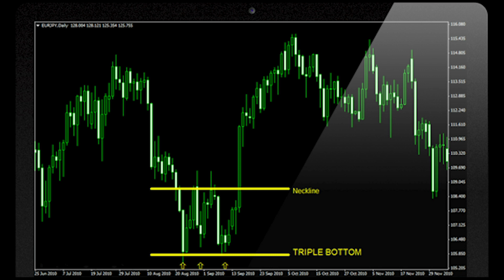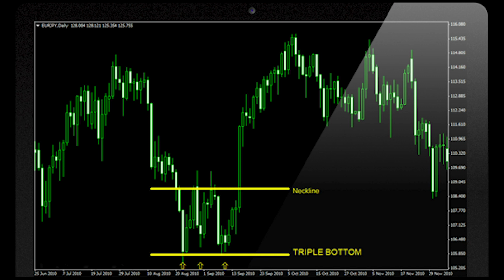This results in the formation of 3 troughs or bottoms, hence giving the name triple bottom. These 3 troughs are at around the same level from the support line. Each time prices attempt to break the support line, they bounce back up to the resistance line. Once prices break out from this resistance line to the upside, the pattern is complete and the trend is confirmed to have reversed.